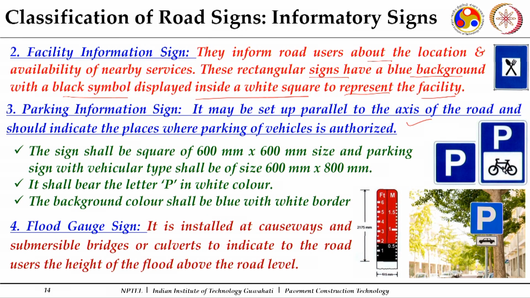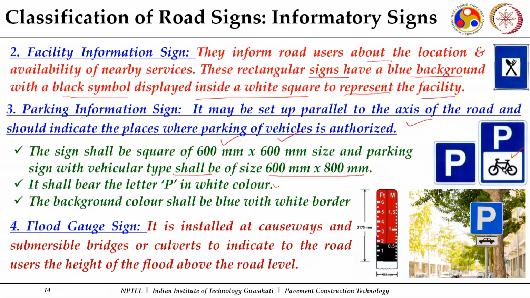As per the codal requirements, for parking information signs the sign shall be square, 600 mm by 600 mm. A parking sign with vehicular type shall be 600 by 800 mm. If you are providing parking for a particular vehicle category, here for bicycles, then the size should be 600 by 800 mm.